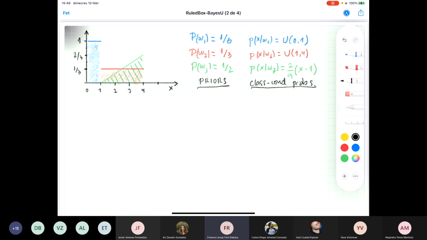The sum of the three would be this. From 0, it would be exactly the same as the blue line. Let's plot in a different way. It would be something like this.